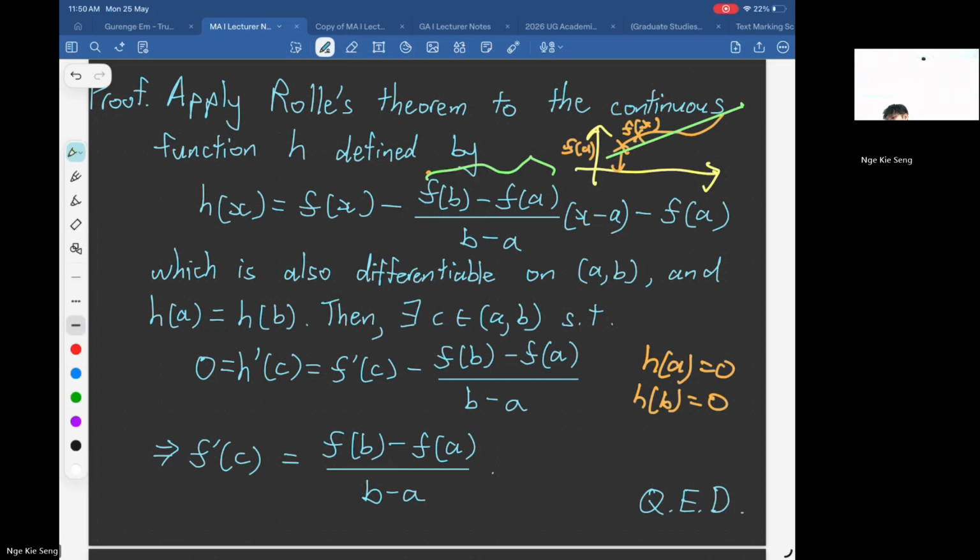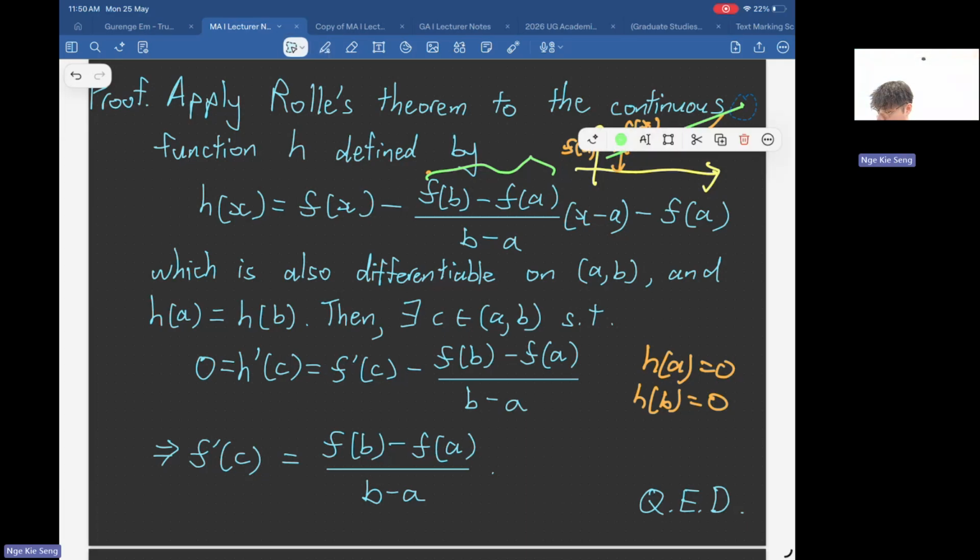Then you push this gradient to this x minus a. Where's x minus a then? Let me think. I'll try to think about this x minus a. Oh, okay. So I guess you do this and then minus a. Minus a means what?